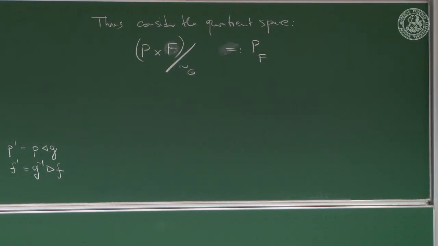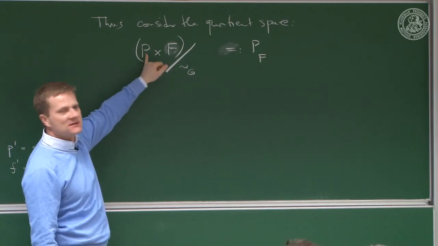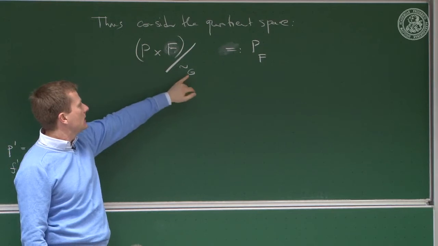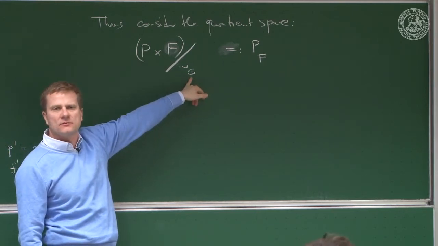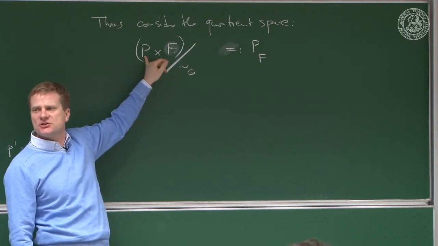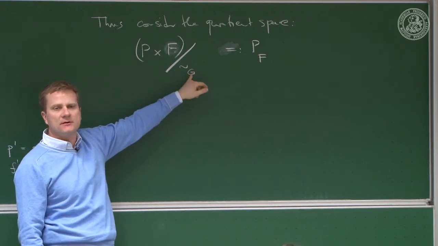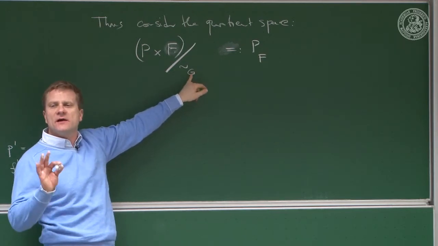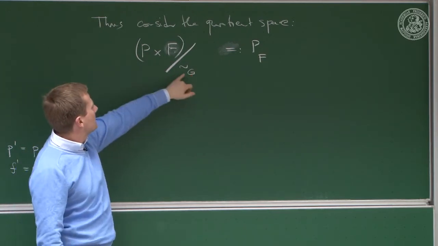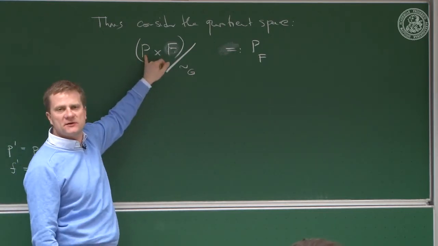Now, very roughly speaking, the fiber of P alone is the entire group. Because P is a principal G bundle, and a principal G bundle has a typical fiber, the group. So very roughly speaking, if you then mod out the group, what is left of this first factor?